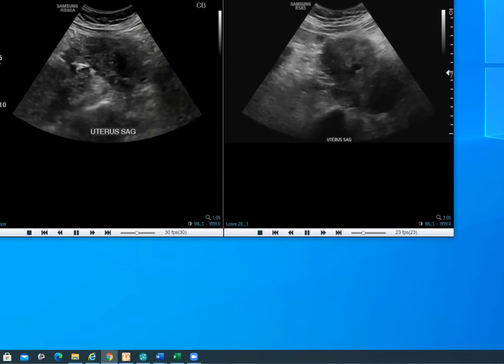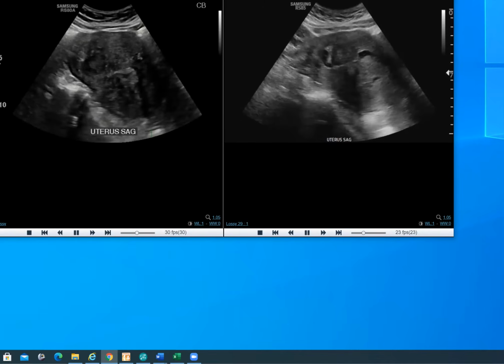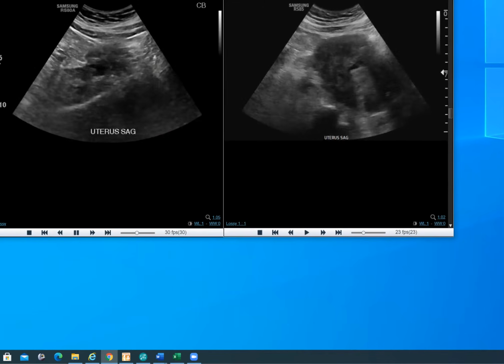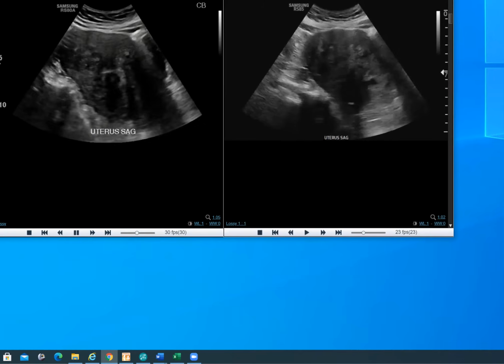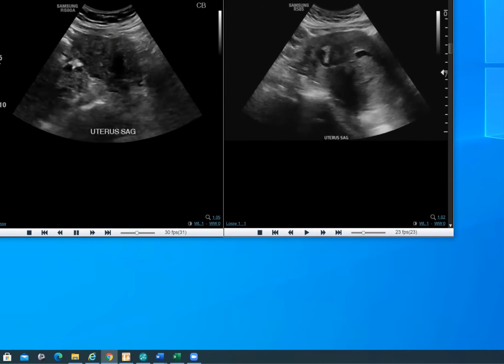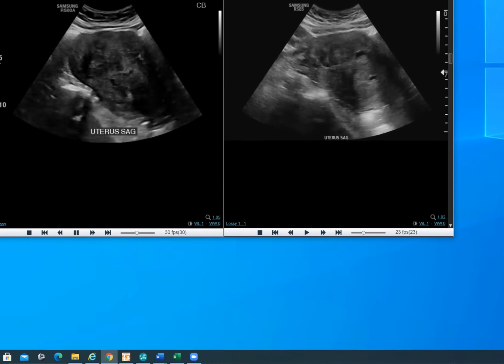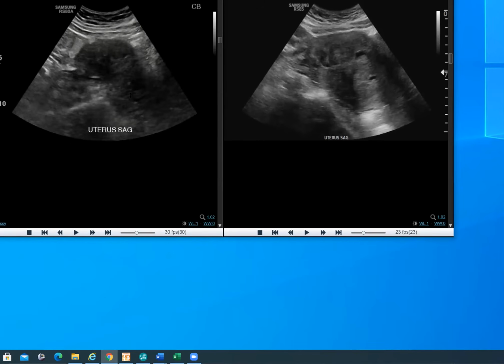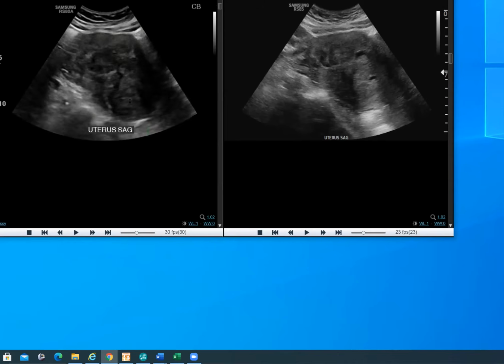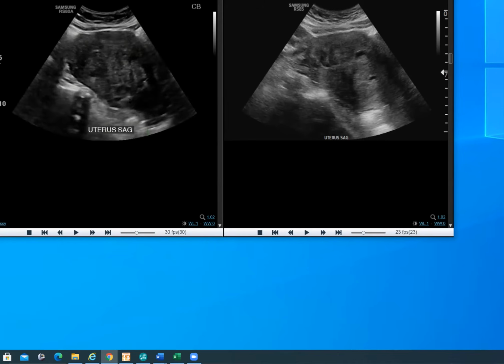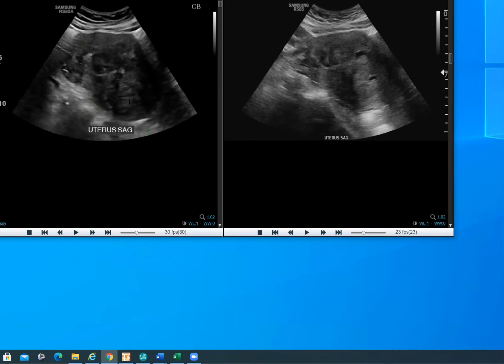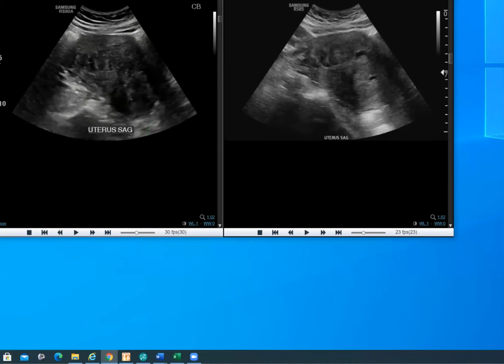In this case, we had actually initially missed a finding on the recent ultrasound. So if I slow this down, I think that the endometrium can sometimes be very, very difficult to follow, especially in the presence of so many fibroids.